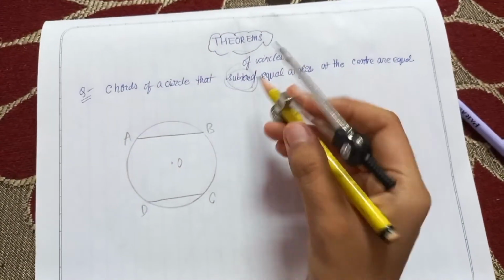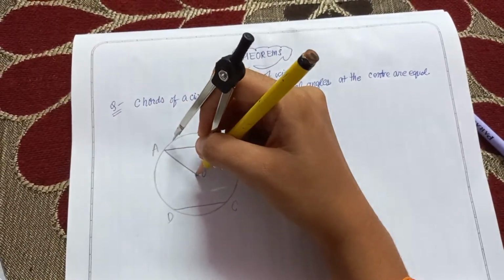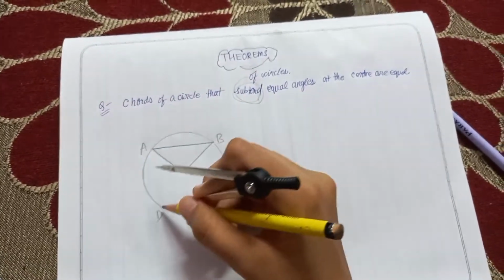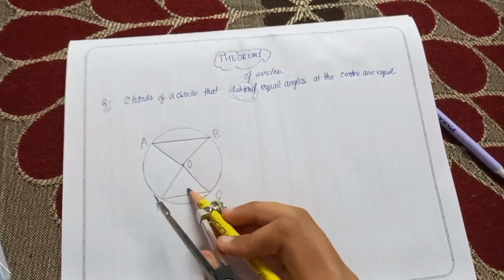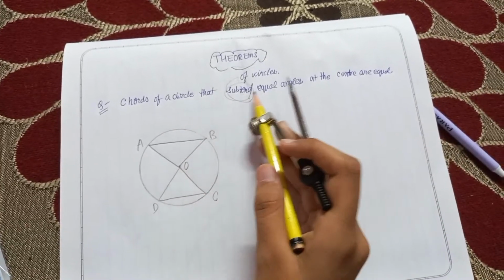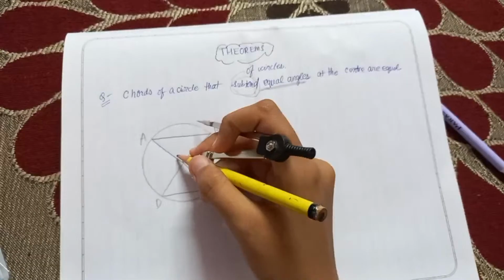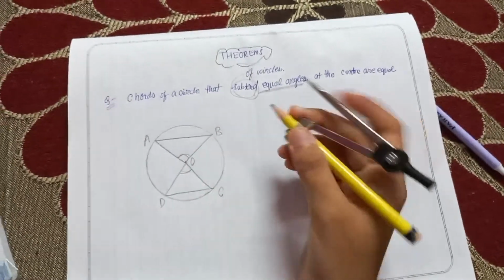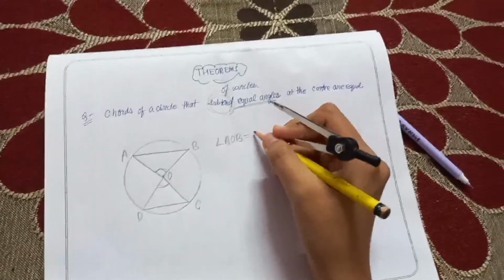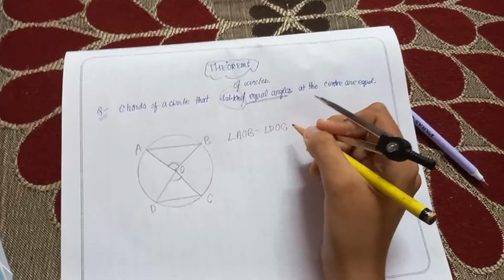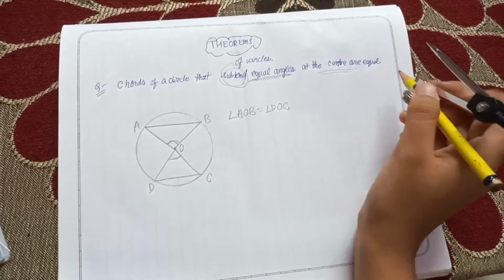Subtend means that when an angle is formed from the ends of two chords, this means that chords of a circle are subtending equal angles. We have that the two angles are equal. It means angle AOB is equal to angle DOC at the center.